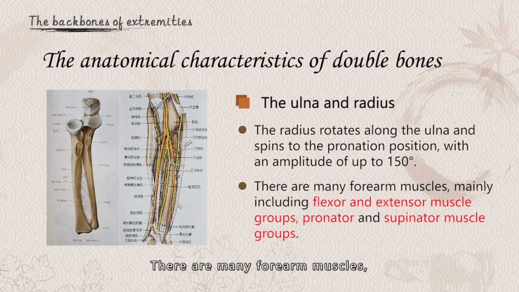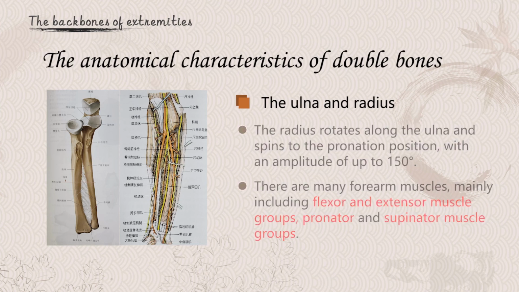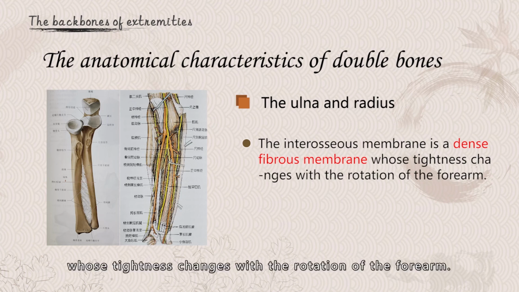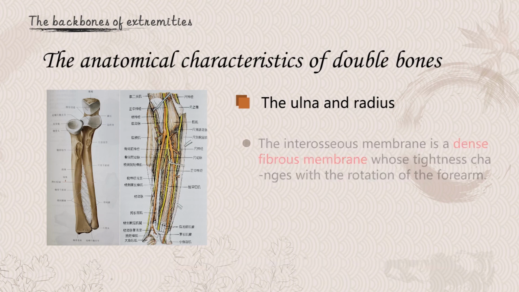There are many forearm muscles, mainly including the flexor and extensor muscle groups, and the pronator and supinator muscle groups. The interosseous membrane is a dense fibrous membrane whose tightness changes with the rotation of the forearm.